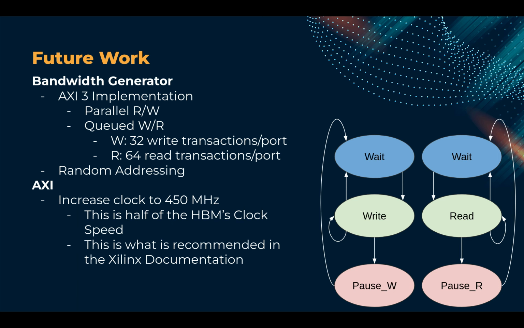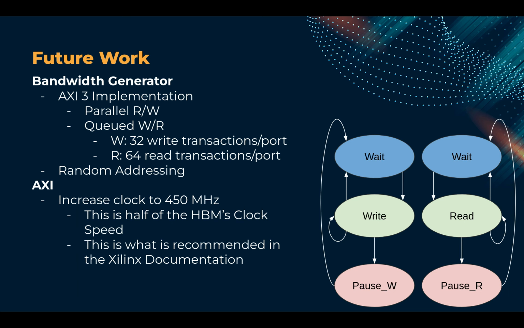And by doing that, we would be able to do even more reads and writes. And then also with the bandwidth generator, adding things like random addressing, creating scripts that would then do a suite of tests that would do random addressing, switching between reads and writes, doing continuous reads and writes on the same port, and then also being able to add other functionality or grab different data, because we are currently only grabbing the number of clock cycles and the number of bytes that we're sending through by counting the number of bursts of data that we pass through and calculating our throughput that way.